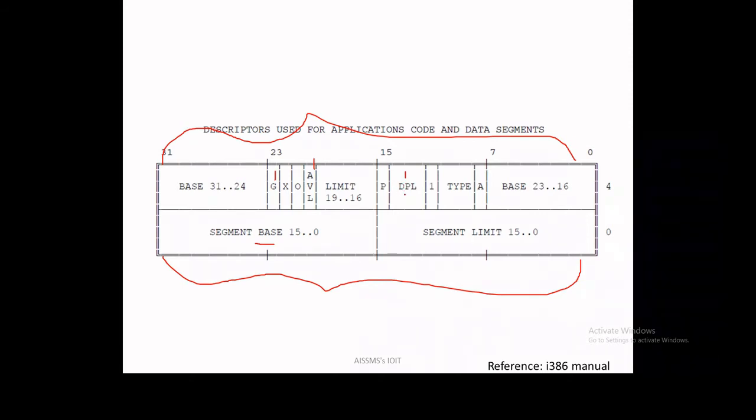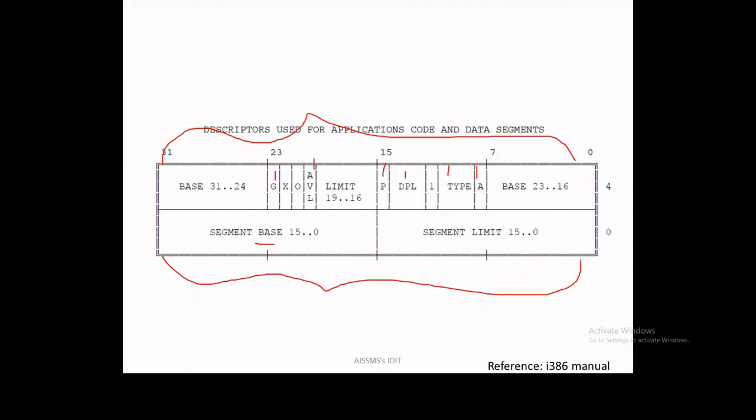These are two bits which show the privileges, meaning who can use the segment described by this descriptor. Then the P bit, that is the present bit, the type bits, then the access bit. We will see each and every bit and the structure, and how this descriptor gives the status of the segment. So we'll see them one by one.